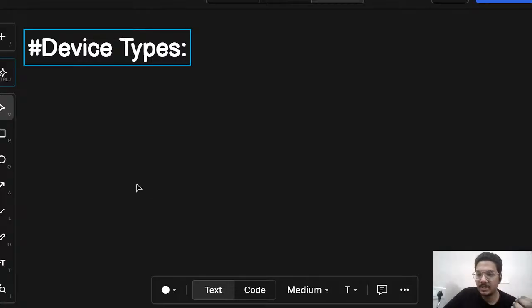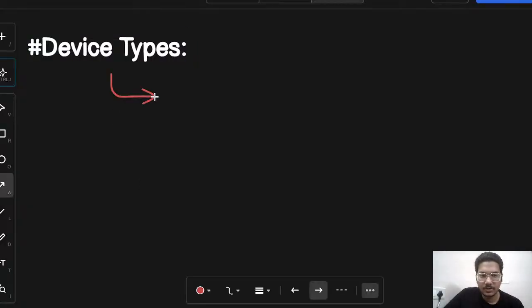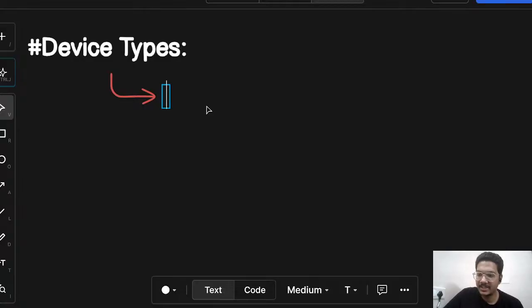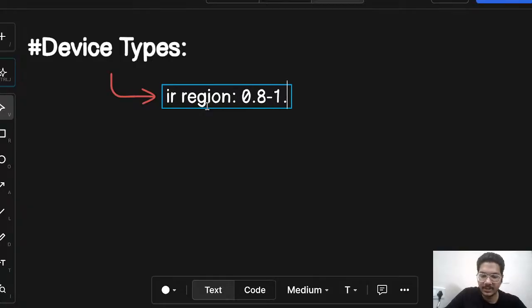As we know, the optical radiation in fiber optical communication is in the near infrared region, actually from 0.8 to 1.6 micrometers.